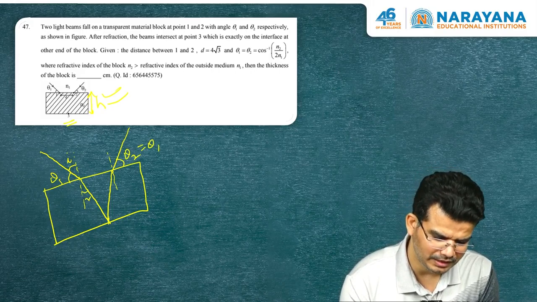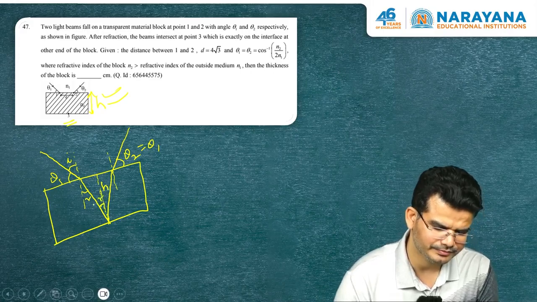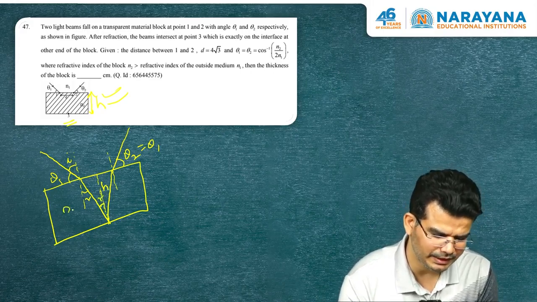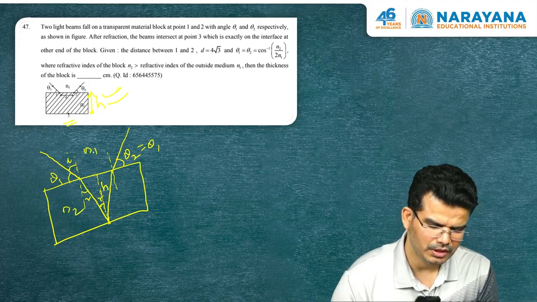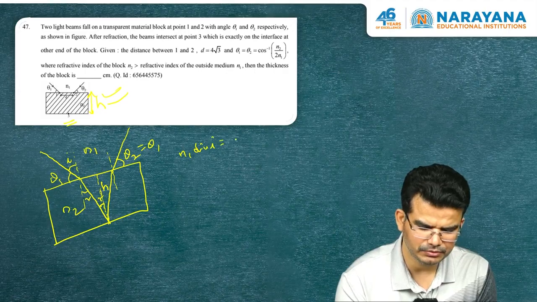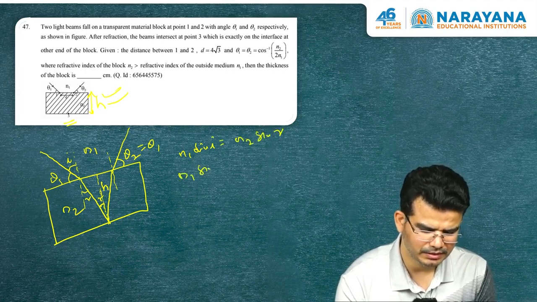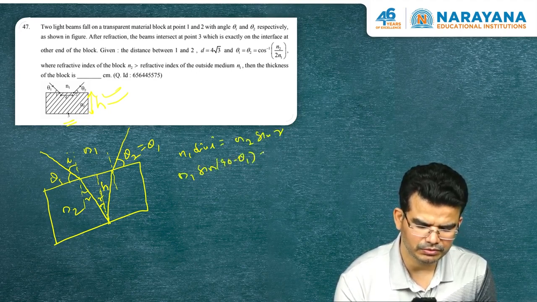So this is r. Now if I draw here like this, you can easily understand this length is h and this is your angle r. Am I correct? This is n2 and this is n1. You can apply Snell's law. n1 sin i equal to n2 sin r. Here the angle of incidence is 90 minus theta 1, so n1 cos theta 1 equal to n2 sin r.